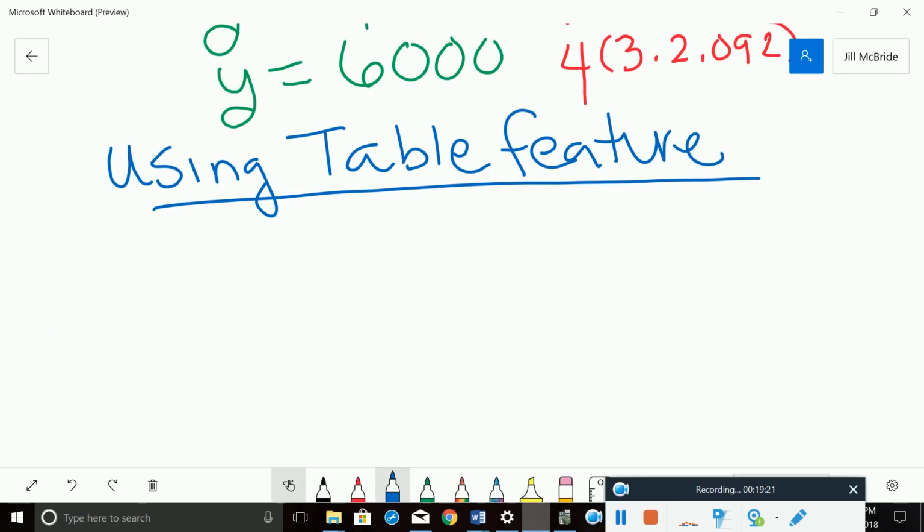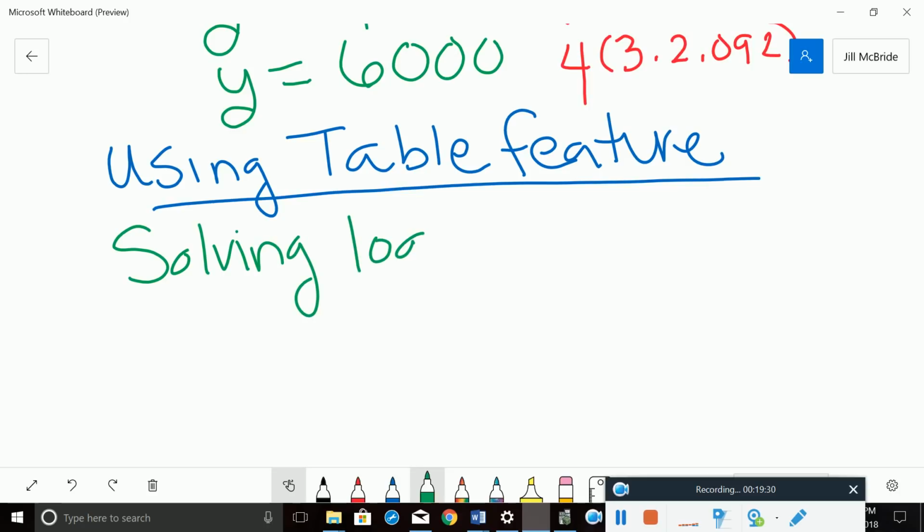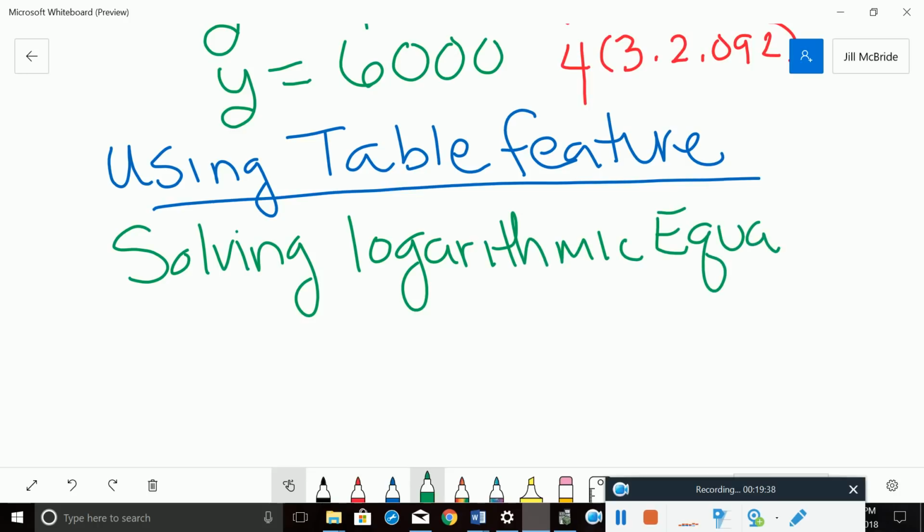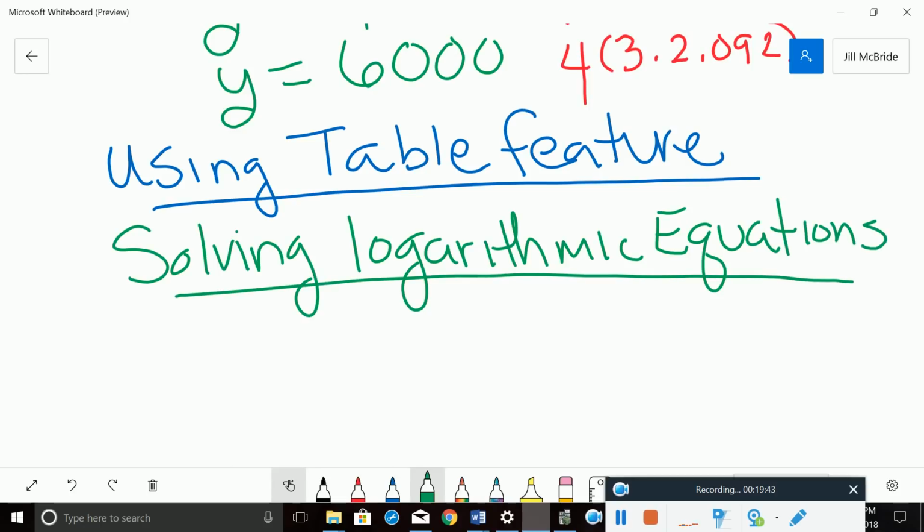All right, this now brings us to our last topic of solving logarithmic equations. Okay, and again, you have a little bit of experience in this.